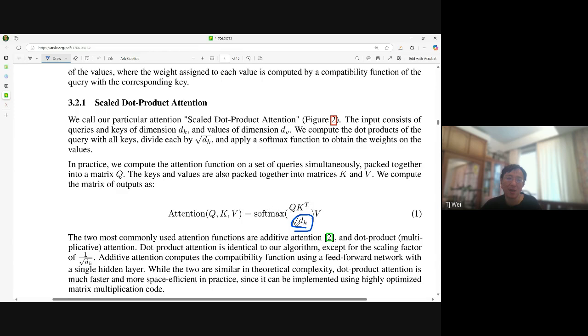So by simply ignoring this part, this is exactly what we have already done for the attention described above. The scale part, the scaled dot product, is this part. So what does the scale have to do with it?